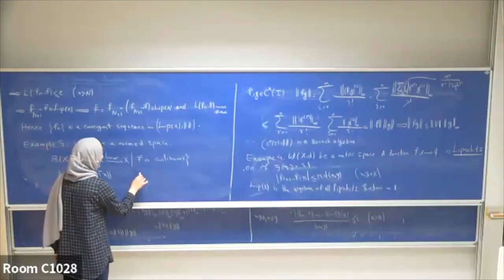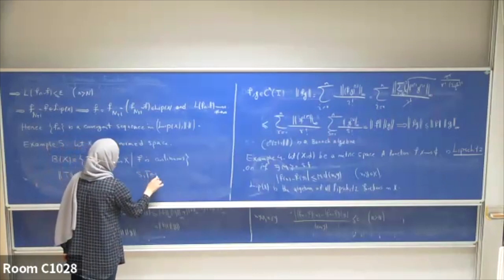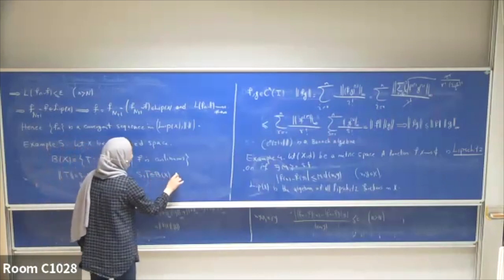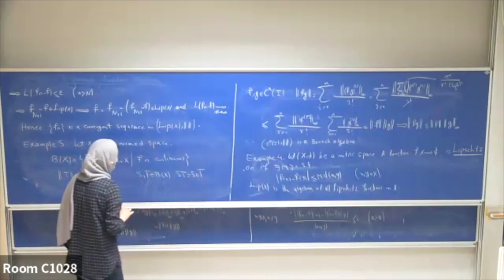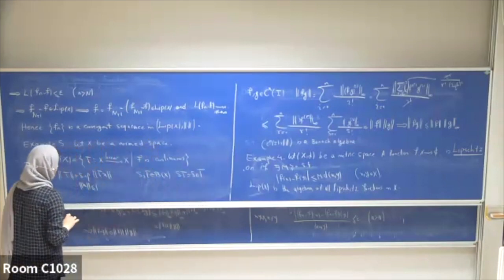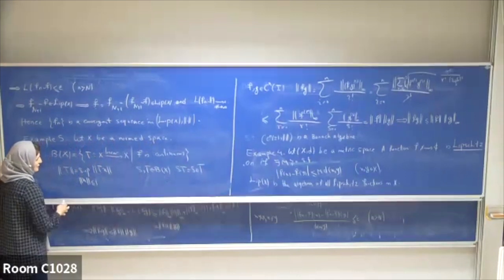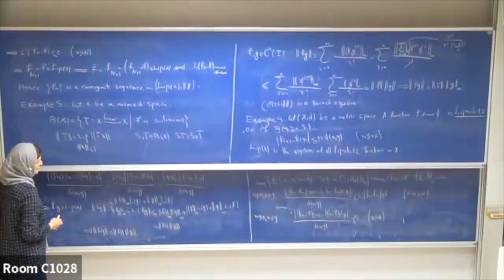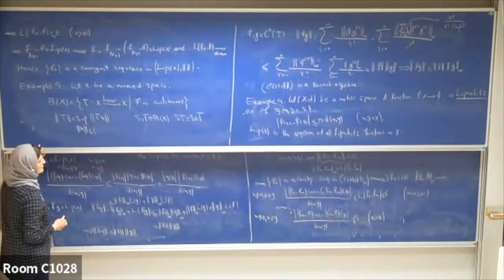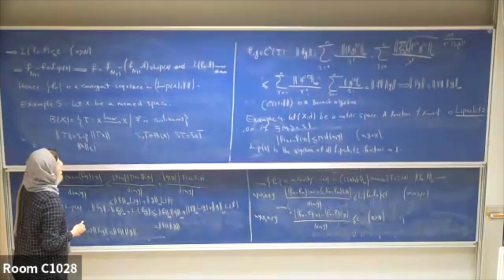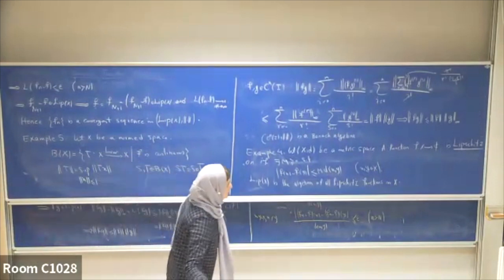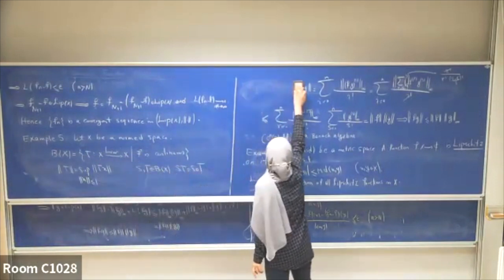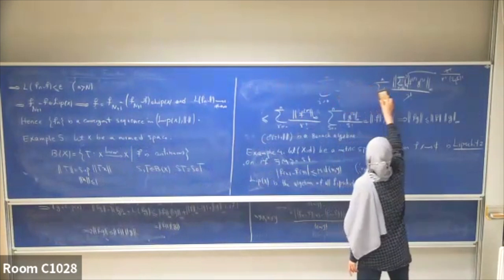I mean that if S and T are in B(X), ST means S∘T. This is an algebra norm, and so another example of a normed algebra.